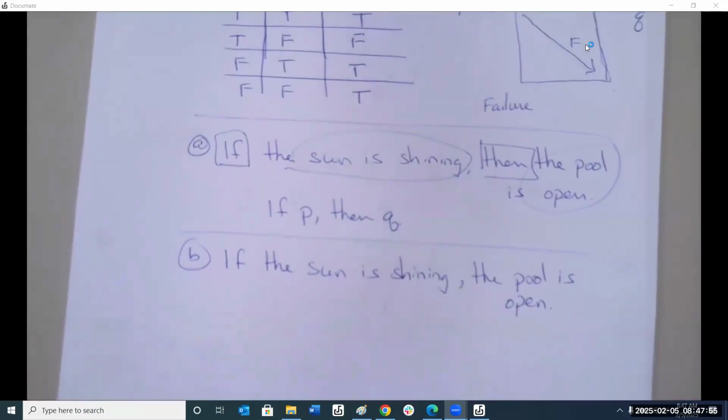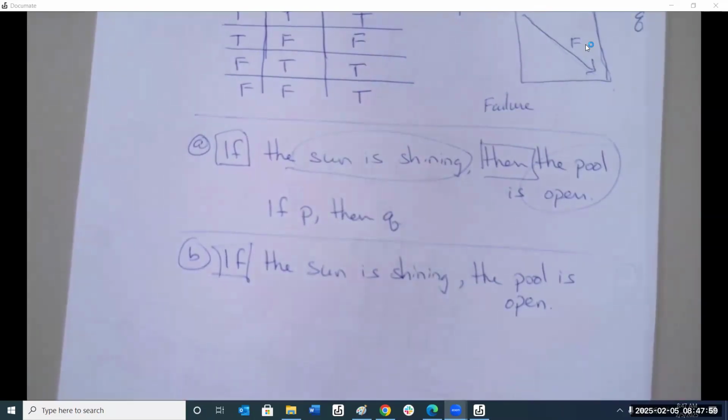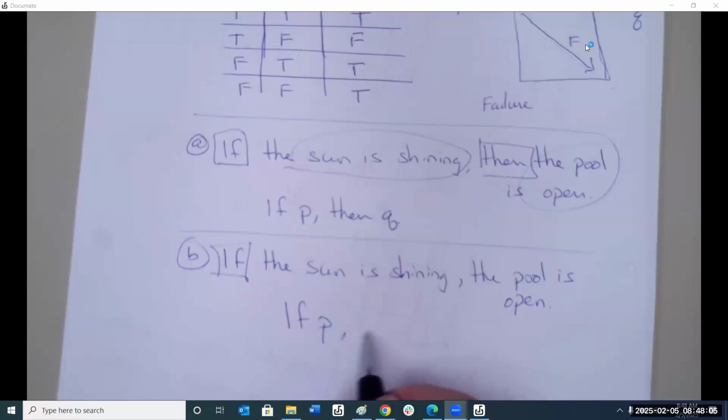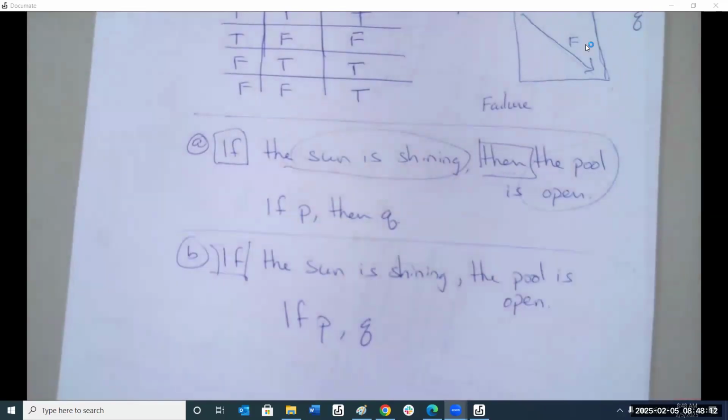Why not? Because here's the if statement. It means it's conditional. Whenever you see the word if, that's a condition. So what this says, if P, Q. They mean the same thing. I just don't have to put the then there. It's implied, because if this is true, comma, the pool's open.